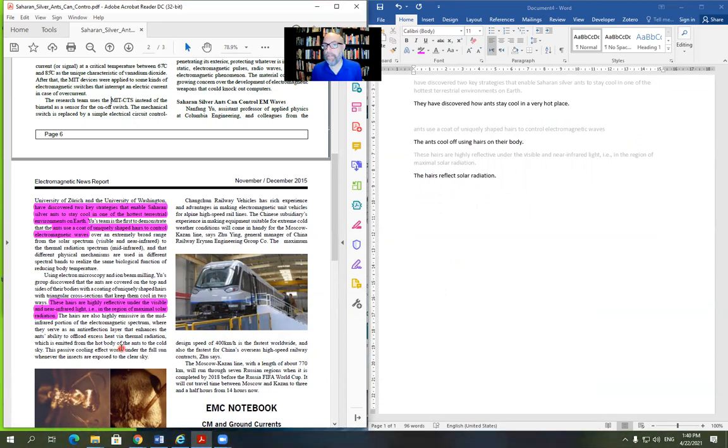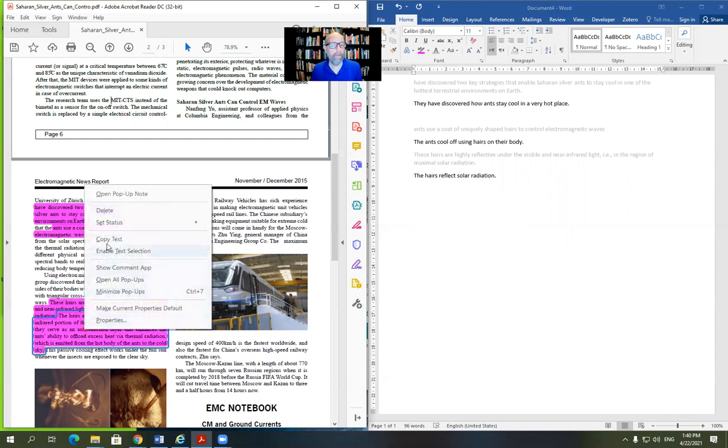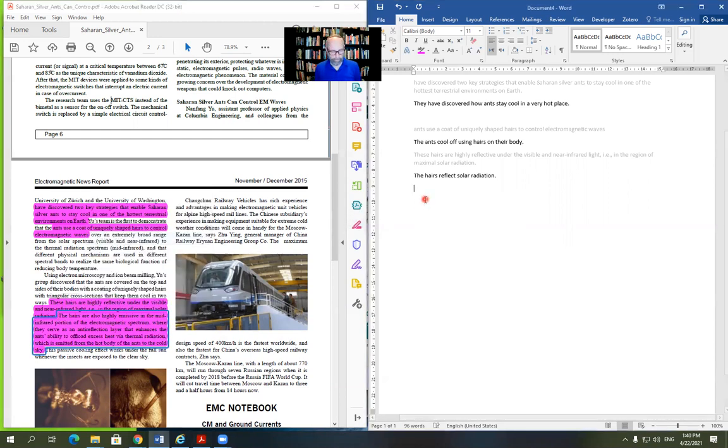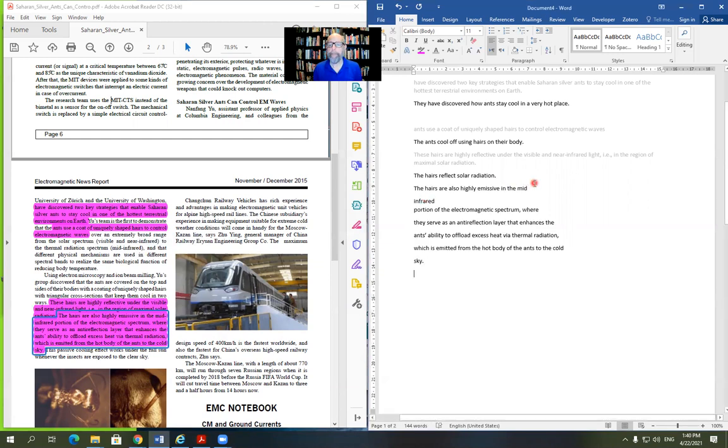So even if you don't understand all of these words, what we do understand is that the ants can offload or get rid of excess heat. This is weird, but okay.